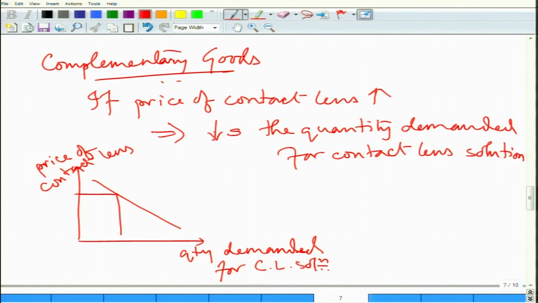So when the price of contact lens increases, the quantity demanded for contact lens solution decreases. So it shows an inverse relationship between the price and the contact lens solution.